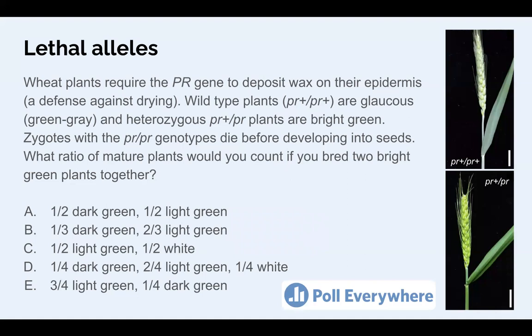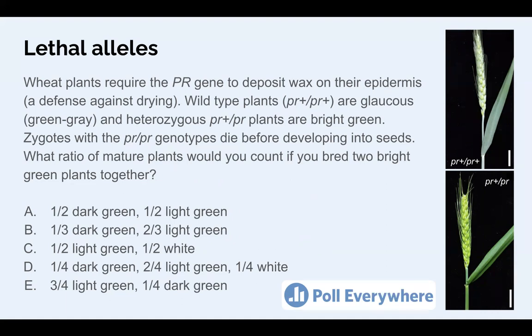And so there's a form of this over here, this PRPR. Individuals that are homozygous for the recessive allele of the PR gene, they actually don't survive. And they don't survive to the point where you would be able to count them. So it's kind of a quirky question here, but sometimes this comes up as a question.